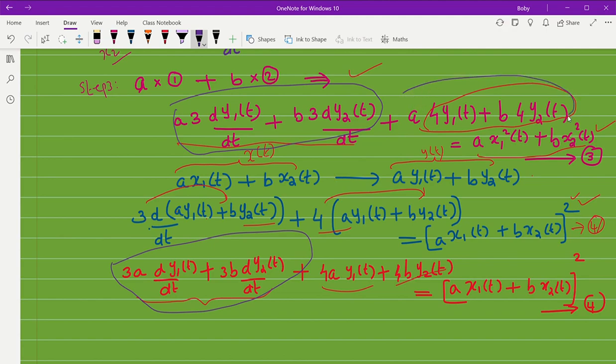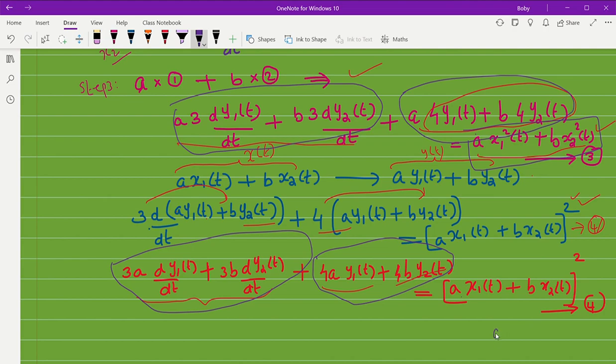Next two terms in equation number 3 are the same as the next two terms in equation number 4. Now when it comes to the right hand side, a x1 squared of t plus b x2 squared of t is our right hand side. You can see here the right hand side. But when it comes here, this is totally different: a x1(t) plus b x2(t) whole square.